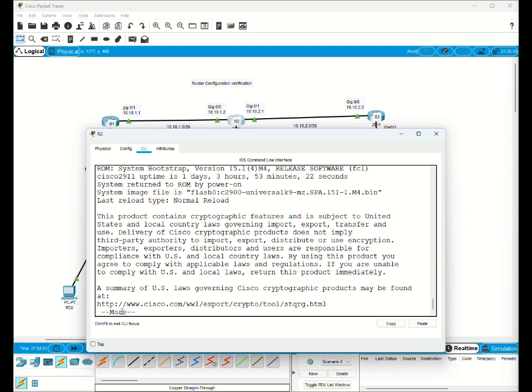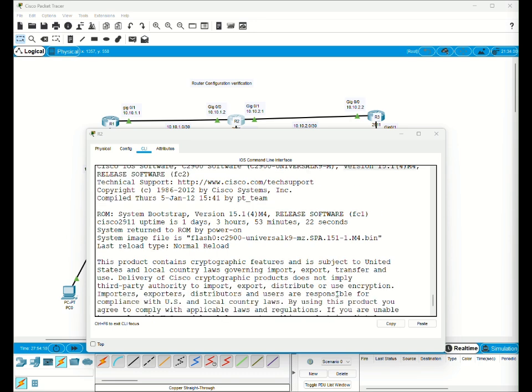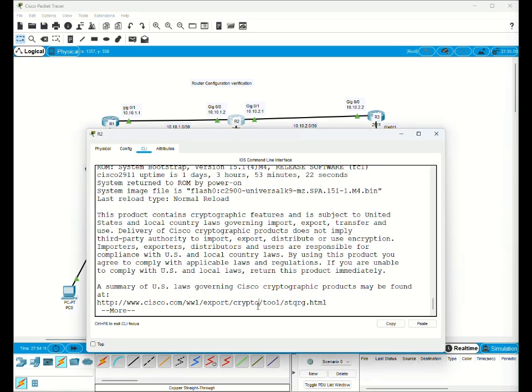Show version. So this information is the version number, and that is if you want to know the version of your router.